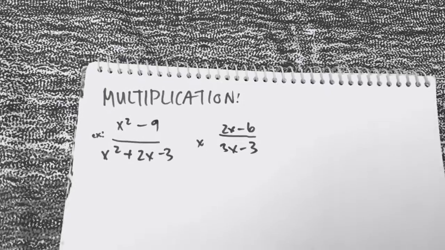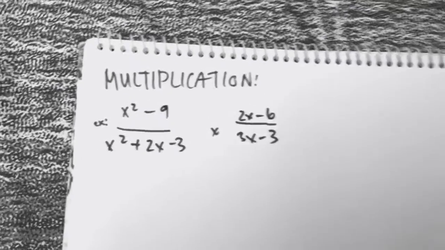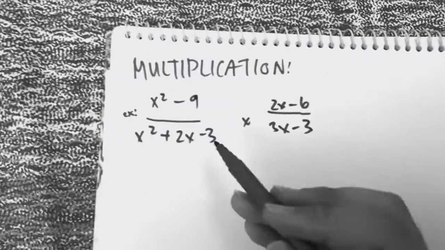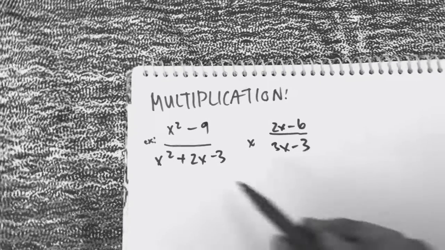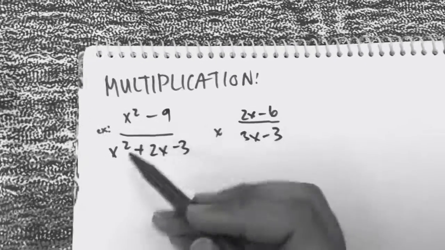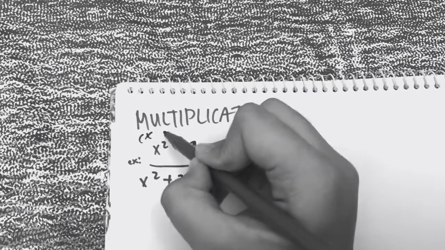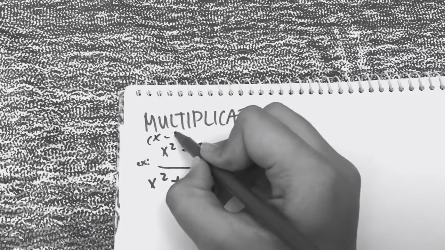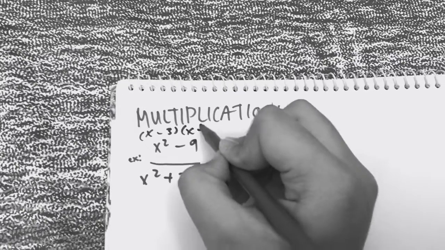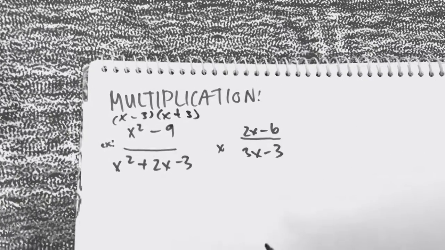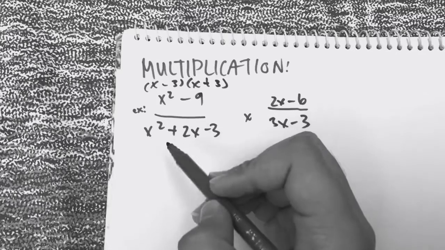For multiplication, it will get a little bit more complicated. You will have to factor all the terms. So for x squared minus 9, you can factor it as a sum and difference of two binomials.